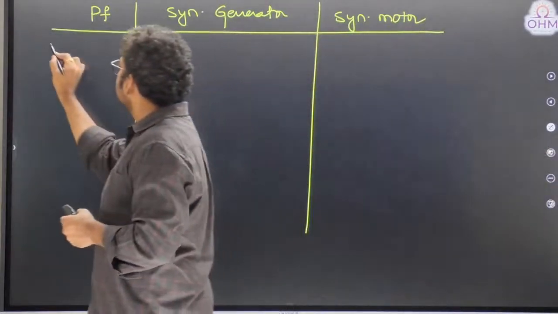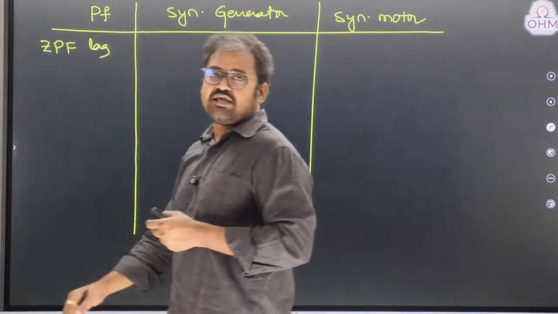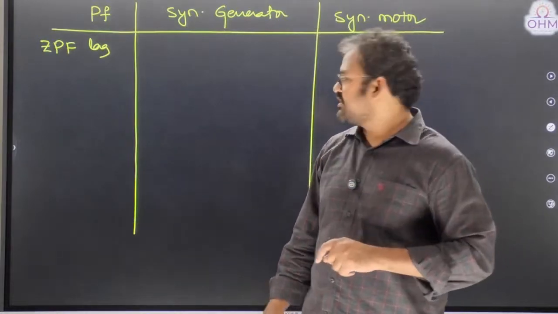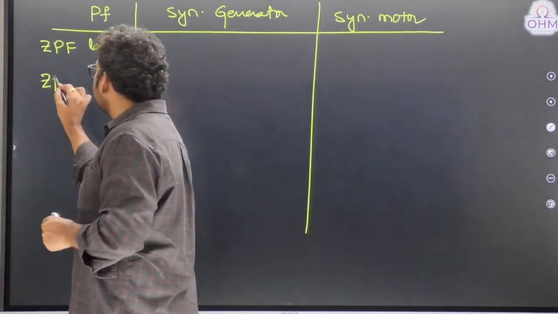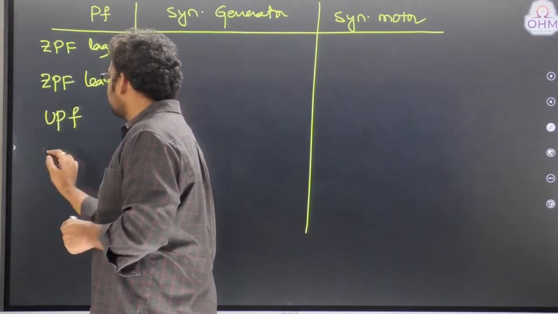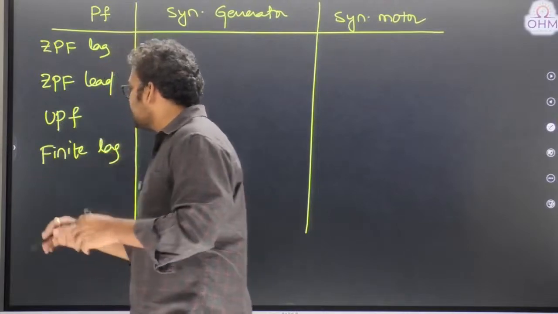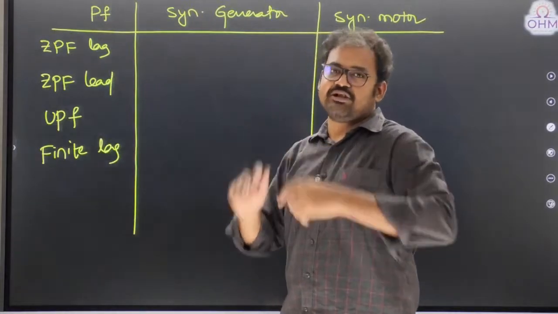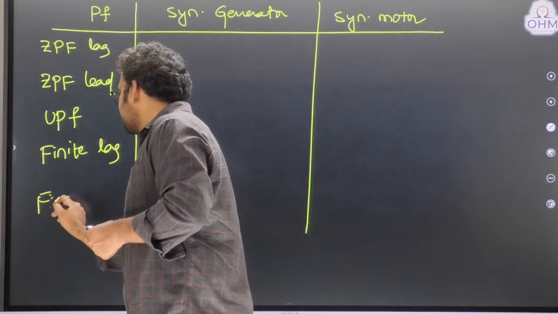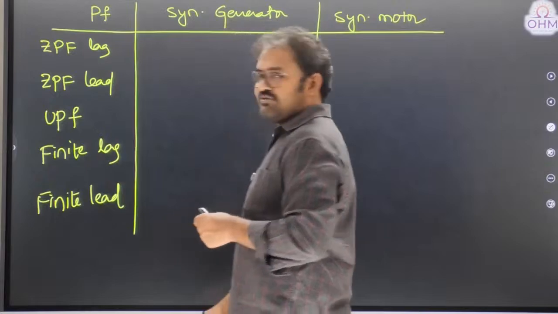First one is zero power factor lagging. That means complete lagging; cos 90 degrees is what zero power factor means. Next, zero power factor leading. Next, purely unity power factor. Next, finite lagging power factor, that is not 90 degrees lagging, some 30 or 40 degrees lagging current. Next, finite leading power factor as well.